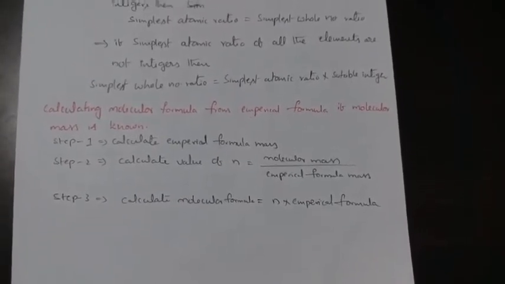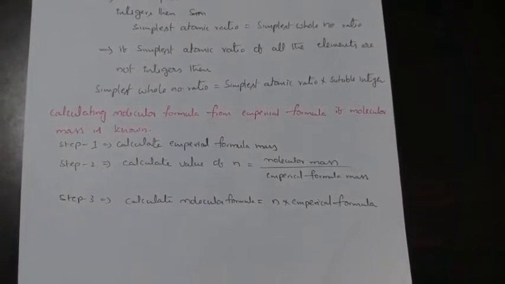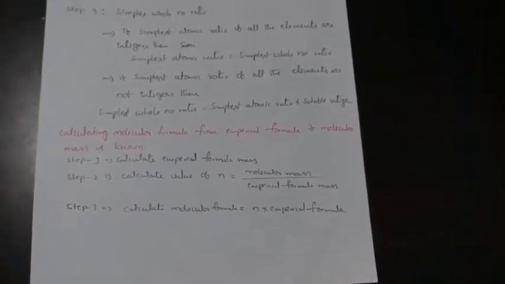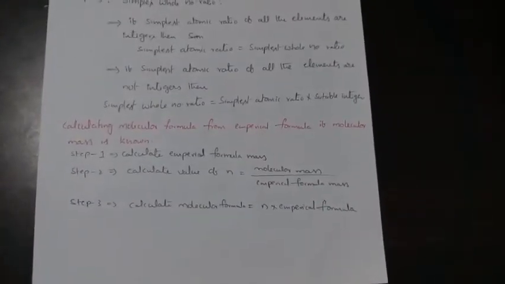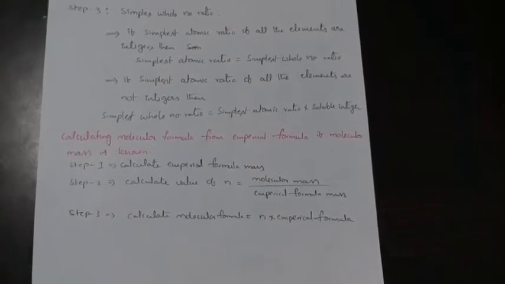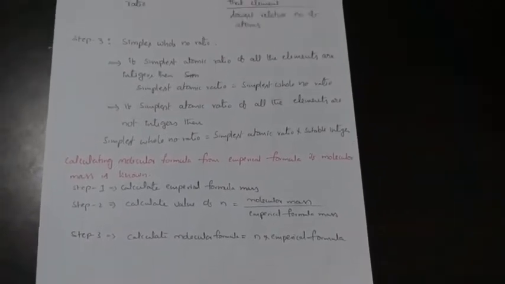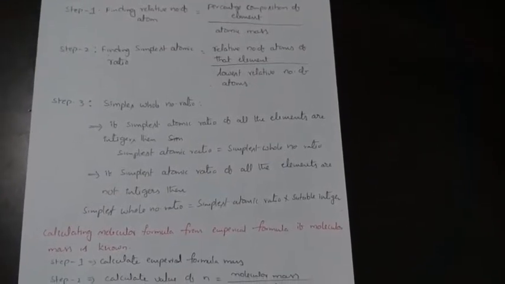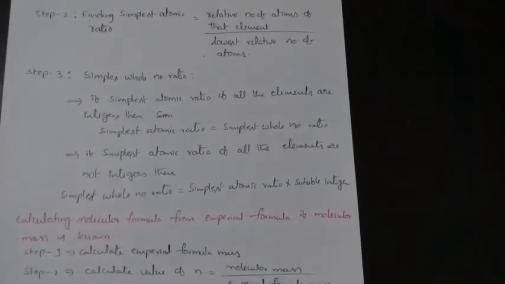So totally there are 6 steps to find the molecular formula from its percentage composition if they have given the molecular mass and percentage composition. First step is finding the relative number of atoms, then the simplest atomic ratio, then the simplest whole number ratio.